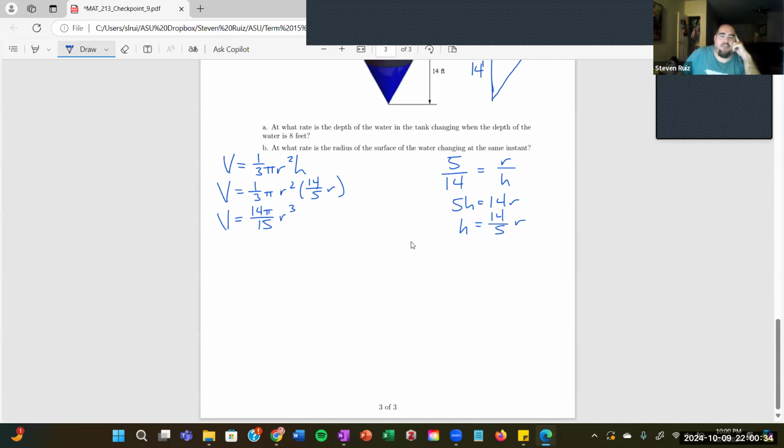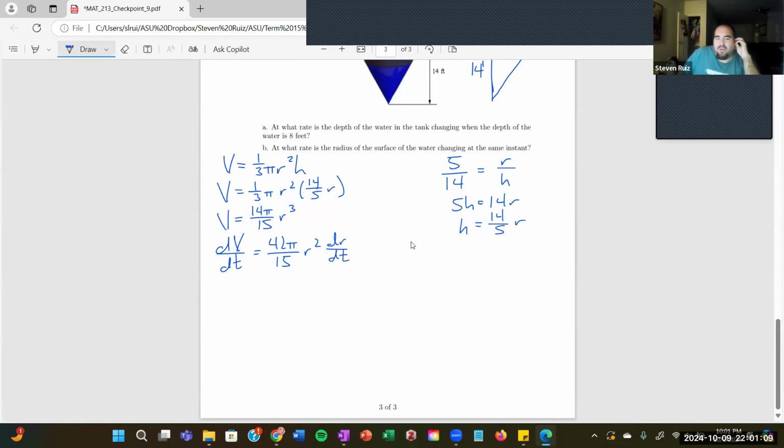That's my volume. So my equation looks a lot less involved now, but also that makes my derivative a lot easier to deal with. I'm not going to have to deal with product rule this time. I still have to deal with the chain rule, but dV/dt equals the derivative of r cubed, which will be 3r squared. So this will be 42 pi over 15 times r squared dr/dt.